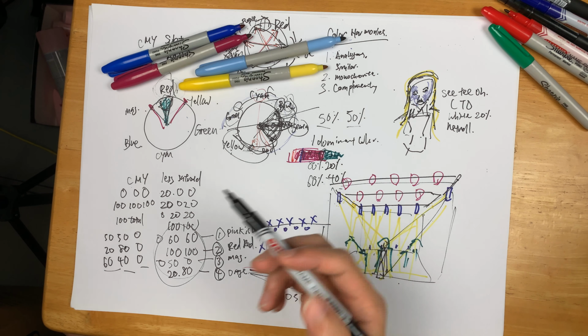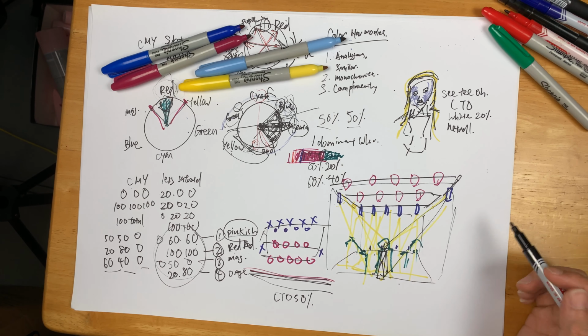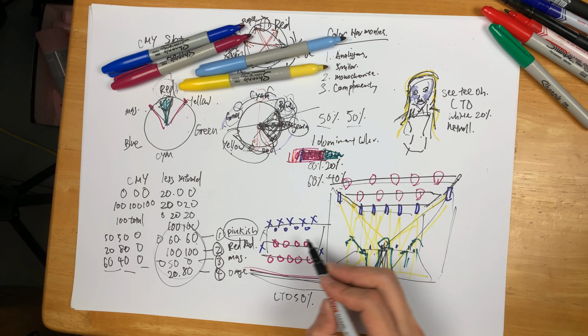So for that, I wouldn't recommend a red. Because reds are dark. We can try the pink, 60-60 pink on the back spots here.